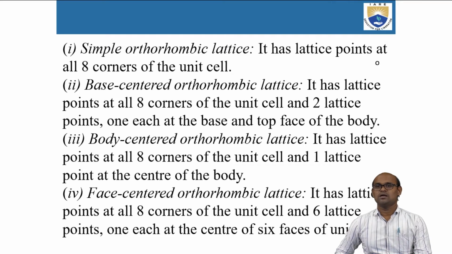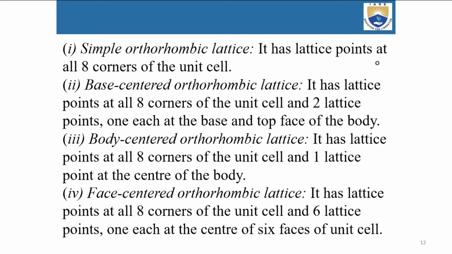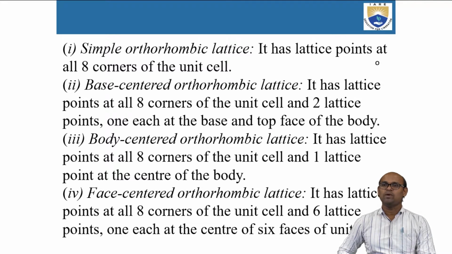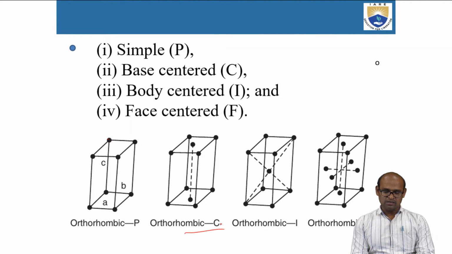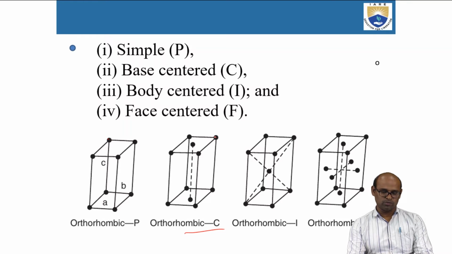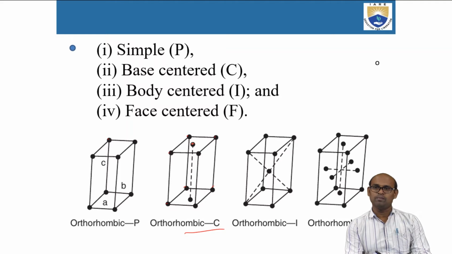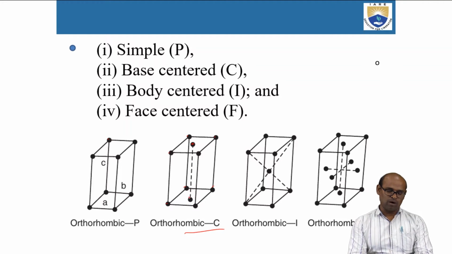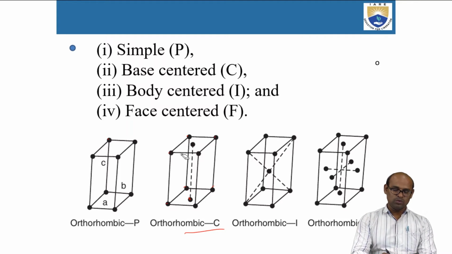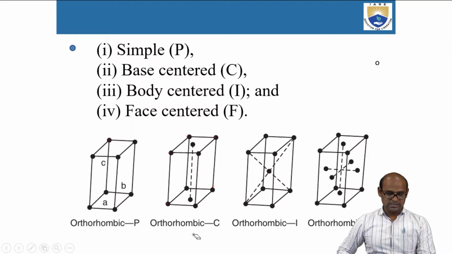The base-centered orthorhombic lattice has lattice points at the 8 corners of the unit cell and 2 lattice points, 1 each at the base and top of the body. So apart from these 8 corner lattice points, you have 1 lattice point at the top face and 1 at the bottom face.